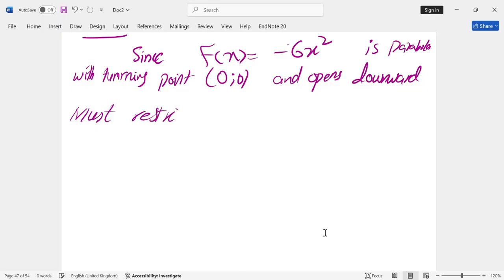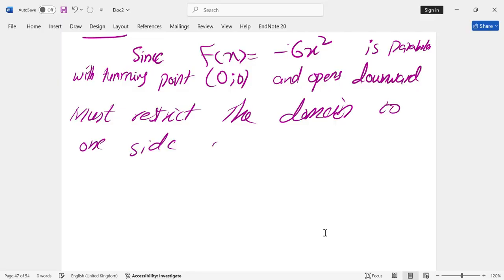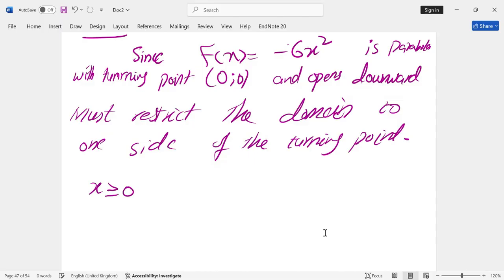So we can choose x greater than or equal to 0 or x less than or equal to 0.